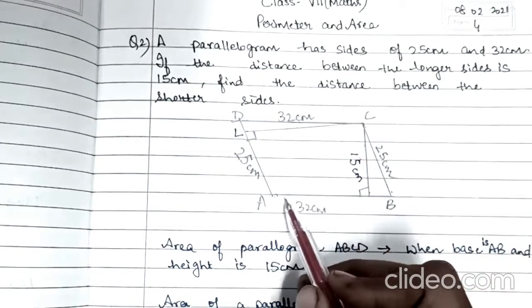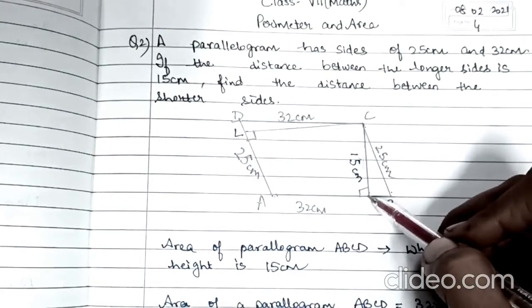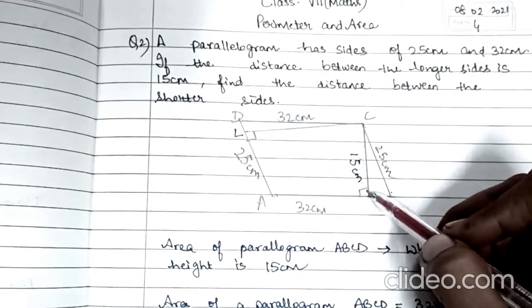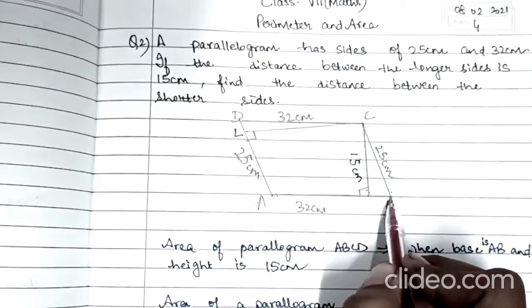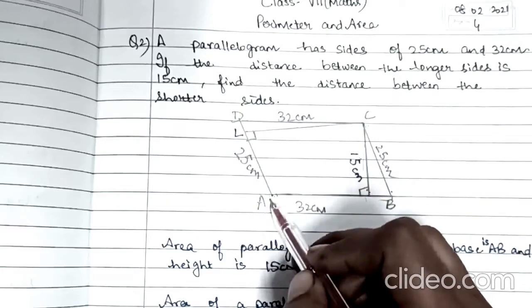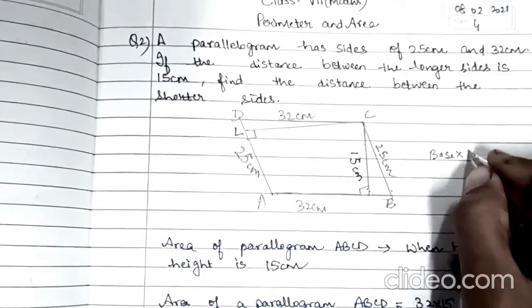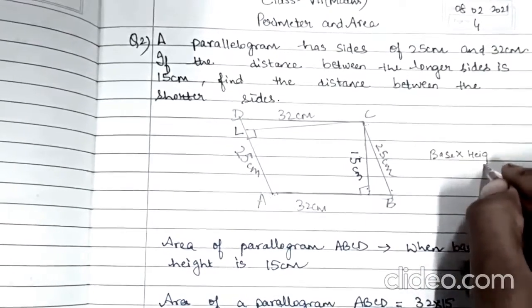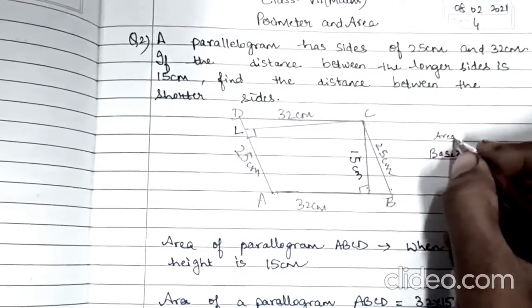Now let us take, if this height we take, that is 15 centimeter, and this is the base, so the area of the parallelogram will be base into height. This is the formula for the area of parallelogram.